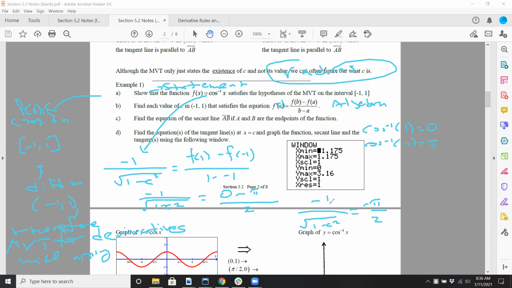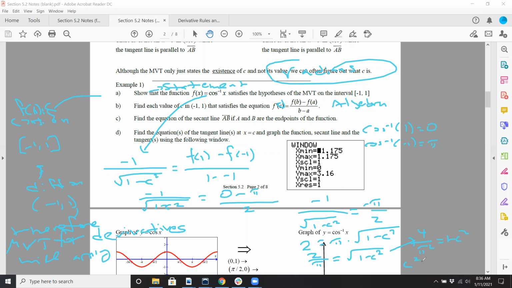We will cross multiply. Negatives will actually cancel because you have negatives on each side. So 2 equals pi times root 1 minus c squared. I'll divide by pi, and then square both sides. So 4 over pi squared equals 1 minus c squared.